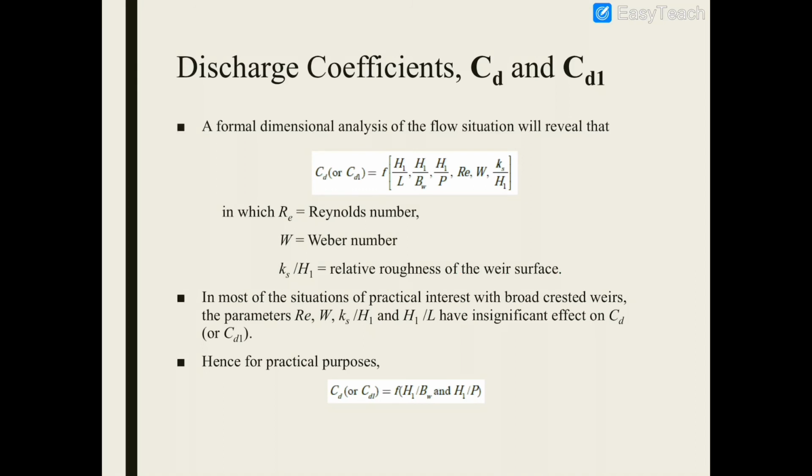In most of the situations of practical interest with broad crested weirs, the parameters Reynolds number, Weber number, relative roughness of the weir surface, and H1 upon L have insignificant effect on CD or CD1. Hence, for practical purposes, CD or CD1 are the function of H1 upon Bw and H1 upon P.